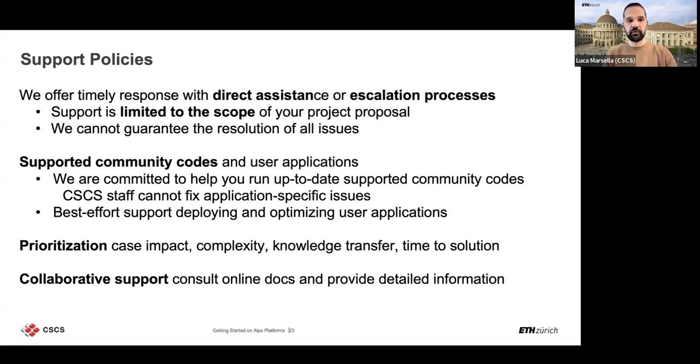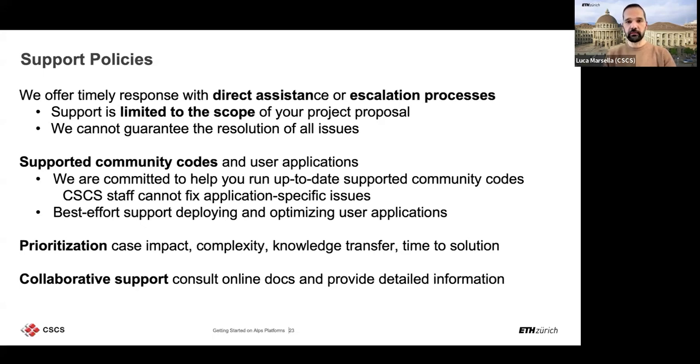Now, for supported community codes and user applications, we are committed to helping you run up-to-date supported community codes, although we cannot fix application-specific issues. So the support is targeting the possibility to run the up-to-date version of the code on the architecture that we provide, while there might be bugs in the code.